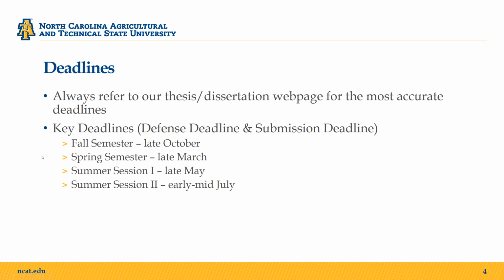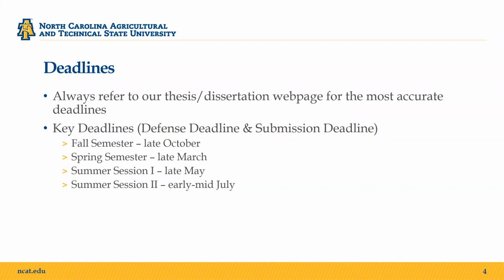Furthermore, I wanted to point out the general trend in when the deadlines are going to fall. So even for next semester or into the summer or fall 2020 or beyond, you can more or less guess the dates by which these deadlines will be set.